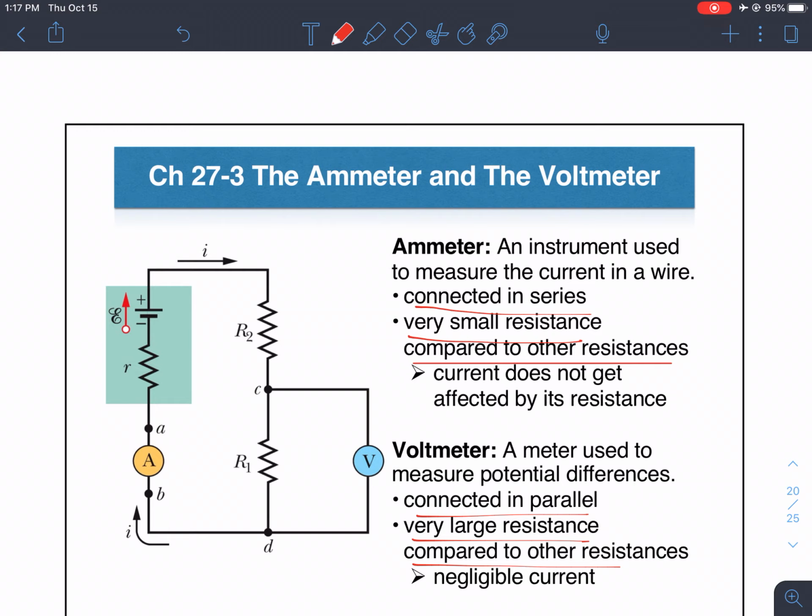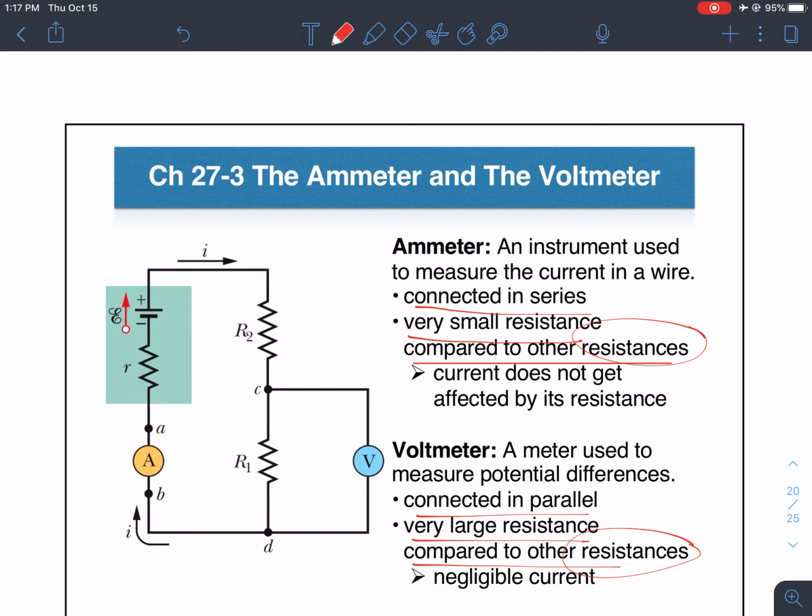If you recall what we did in the lab, this recent lab you did, we needed to connect the ammeter and voltmeter in different slots, right? Because again, what's really changing is these resistances. Okay, on one of them you need small resistance and the other one needs big resistance.